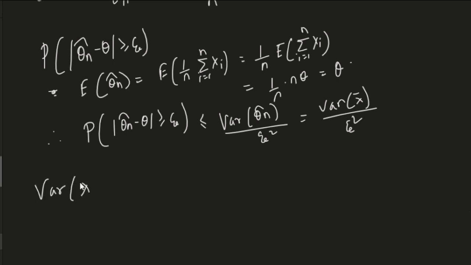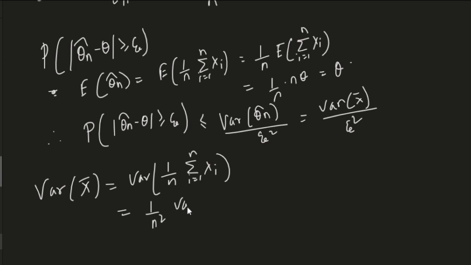Variance of x bar is simply 1 by n squared times variance of summation from i equals 1 to n of Xi, and this would be n times sigma squared, so it becomes sigma squared by n, right?